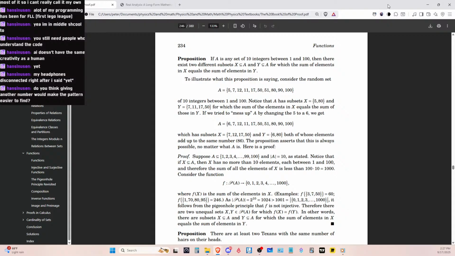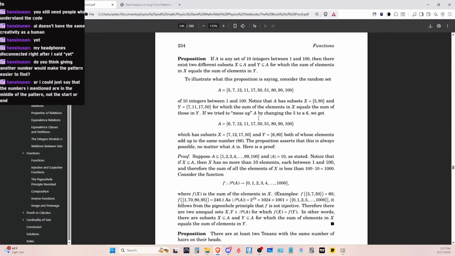If you feel like that's enough numbers to give the person who's trying to solve the puzzle more ideas on how to solve it, then you probably don't have to add them. Or I could just say that the numbers I mentioned are in the middle of a pattern, not the start or the end.